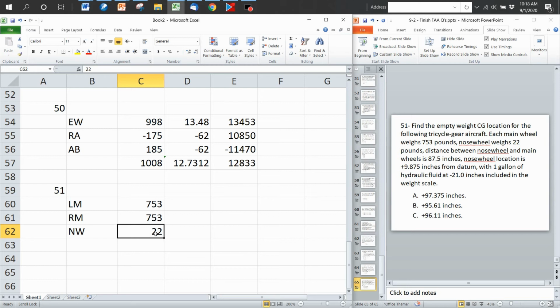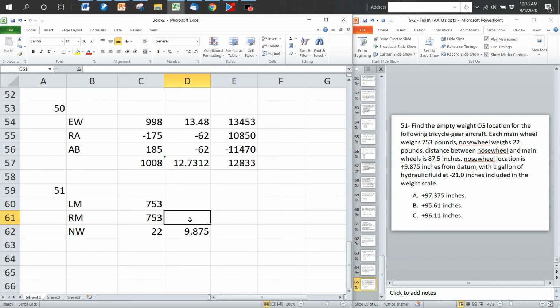And then we got to find our arms. The distance between the nose wheel and the main wheels is 87.5 inches, but that doesn't tell me anything about the datum and anything about the station, so I've got to be really careful with that number. They did tell me the nose wheel location is 9.875 inches from the datum.